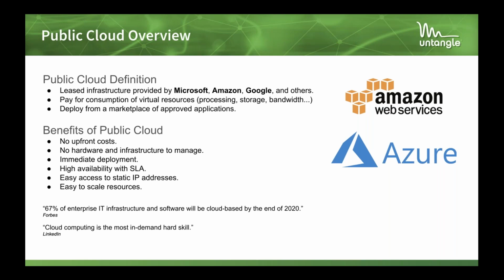Deploying our instance in Azure or AWS is done similar to how you would deploy an app on a smartphone. There's a marketplace of approved apps, and you just select the app and away you go. As I'll show later in the presentation, I'll walk through the steps for how you can deploy NG Firewall in the public cloud.